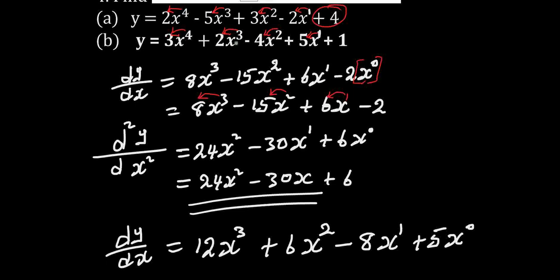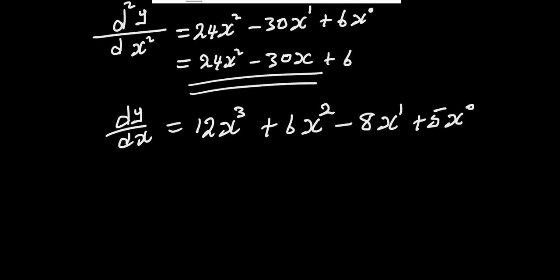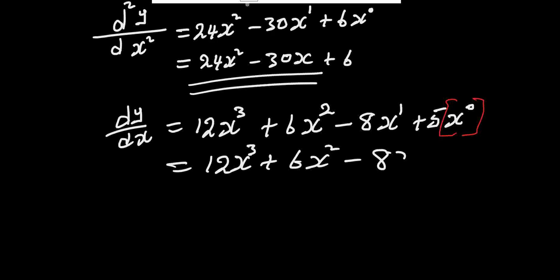So we can simply ignore this 1 over here, and this x to the power of 0 is 1, so this will give us 12x to the third power plus 6x squared minus 8x plus 5. So this is the first derivative. So now we can take the second derivative.